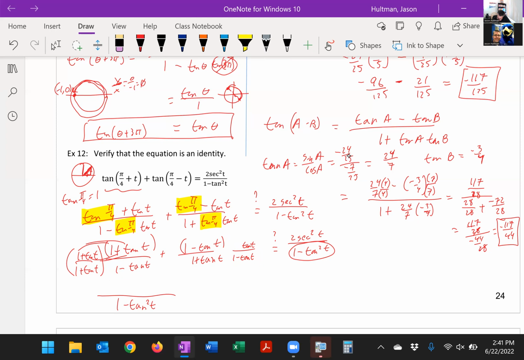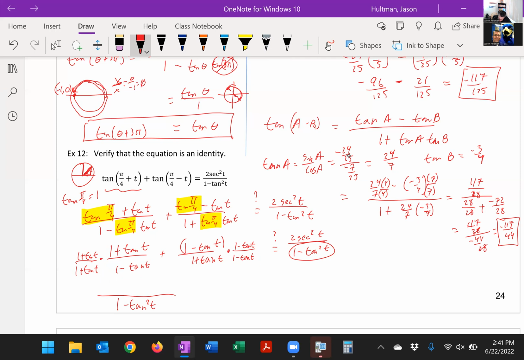Maybe I'll get rid of these parentheses. I don't like the parentheses there. I'll put a little dot because it's getting a little messy. Tangent t times that.